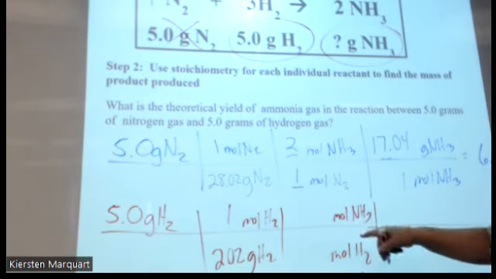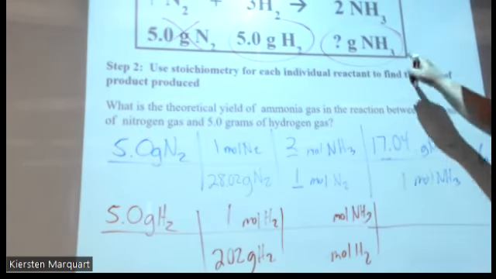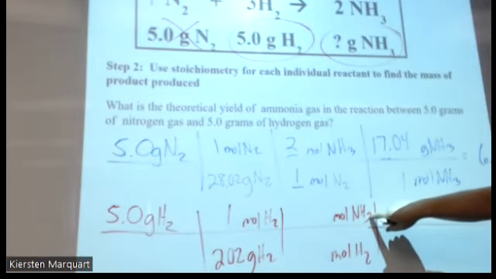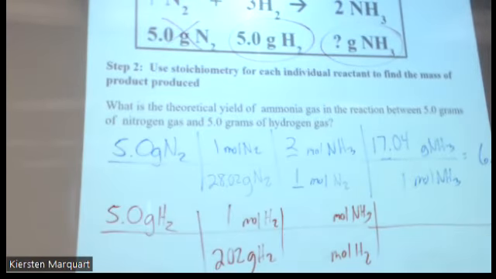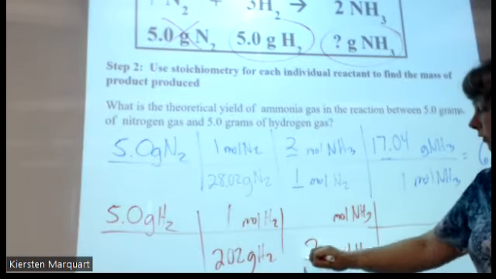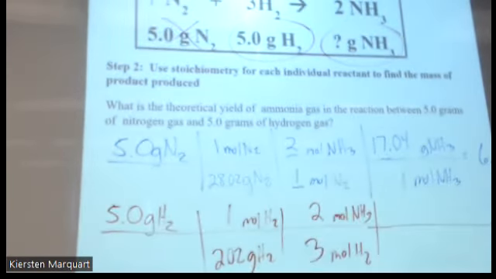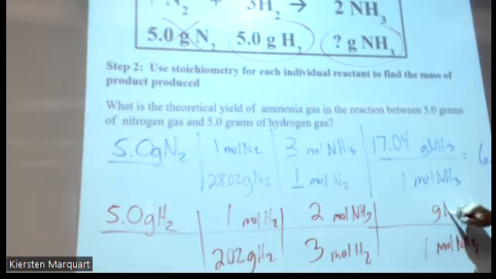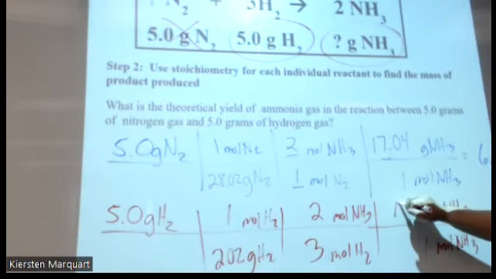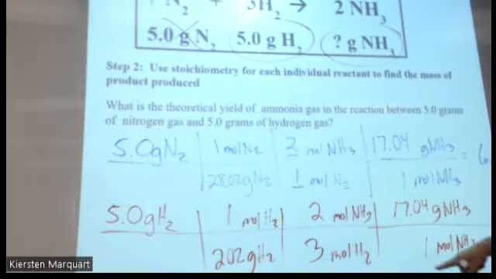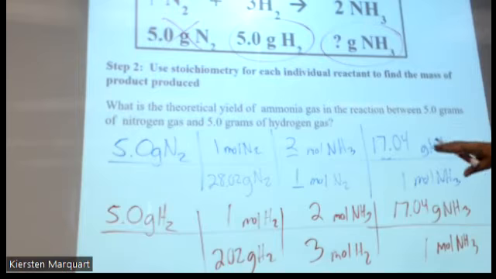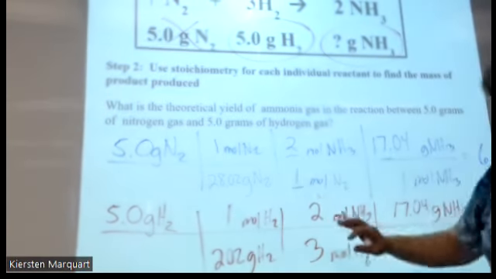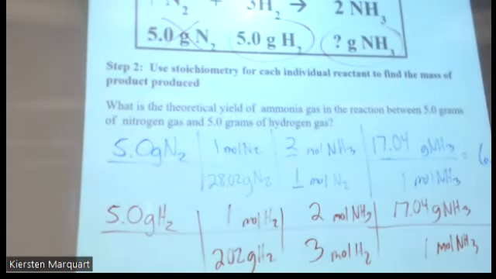You will always turn your reactant into a product. Okay, so you're always going to end up with whatever the product is. 3 moles of H2 to 2 moles of NH3. And now turn those moles of NH3 back into grams. Notice the last piece here is the same for both because we changed our reactant into the same moles.